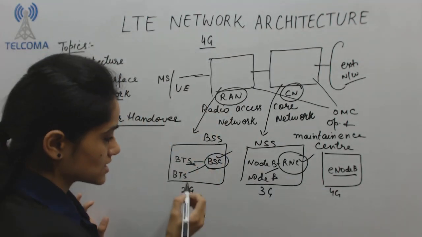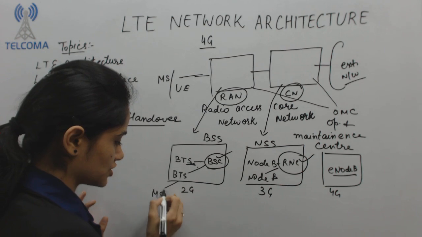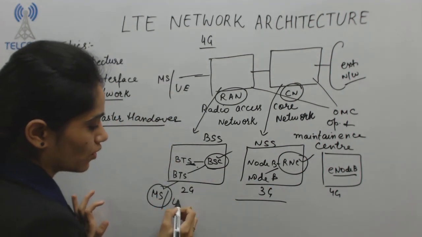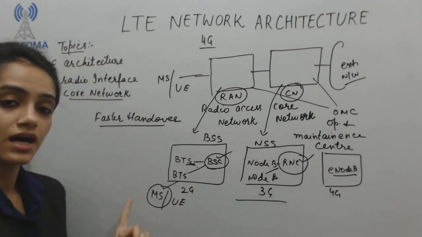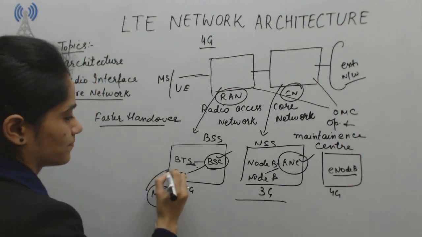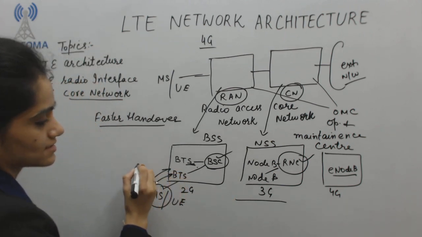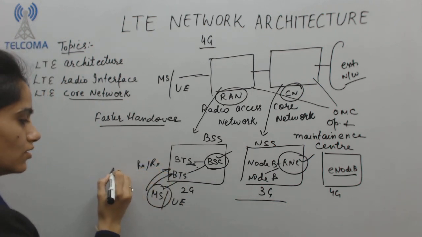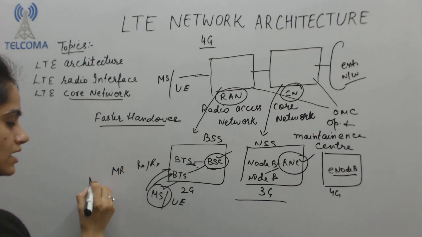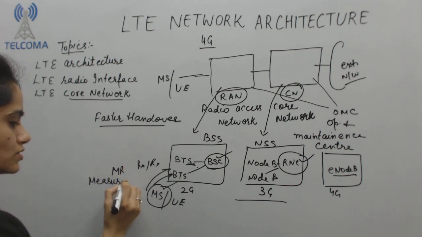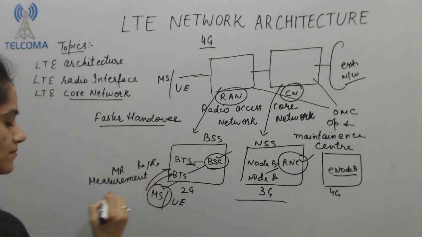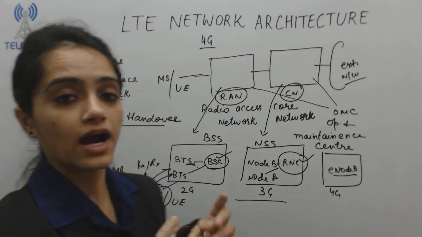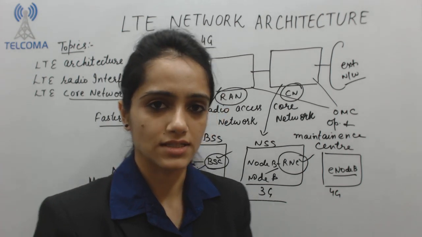Now, in case of 2G, or in case of 3G also, whenever the mobile station or user equipment wants a handover, it will send RX level and RX quality. That means your MRs, measurement reports, because in measurement reports we have RX level and RX quality.